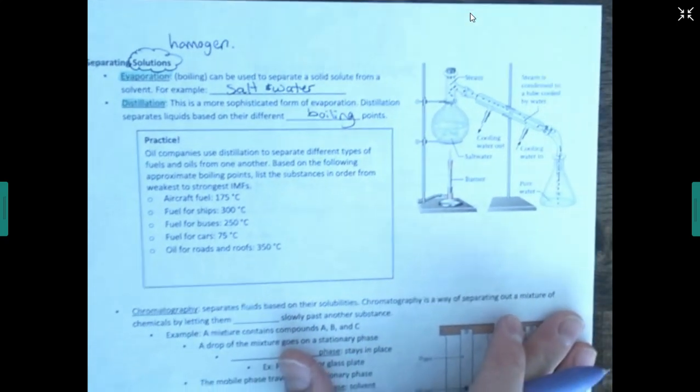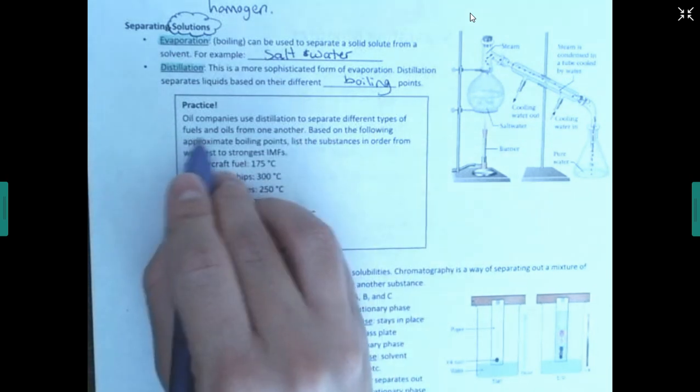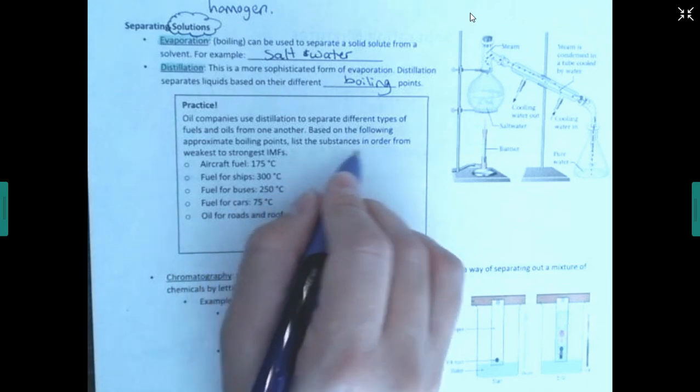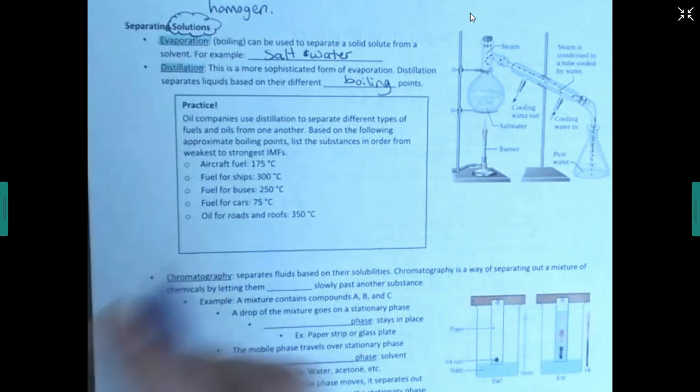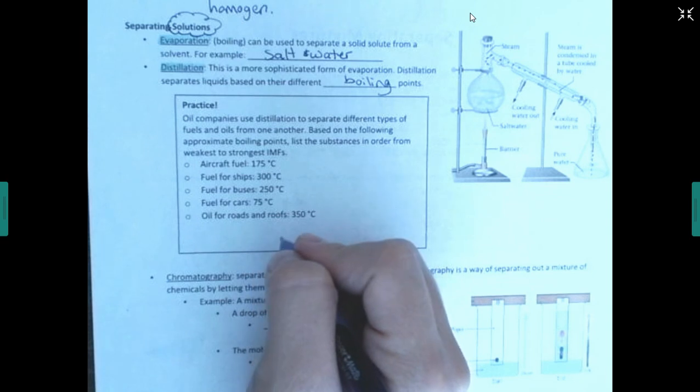So here's a practice problem. It says oil companies use distillation to separate different types of fuels and oils from one another. Based on the following approximate boiling points, list the substances in order from weakest to strongest intermolecular forces. Earlier we said that things that have the strongest intermolecular forces are going to have the highest boiling points.